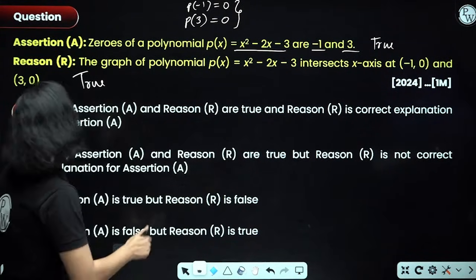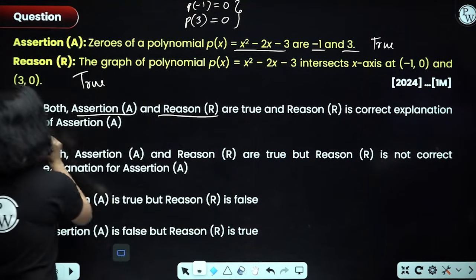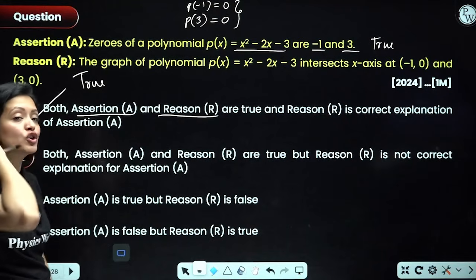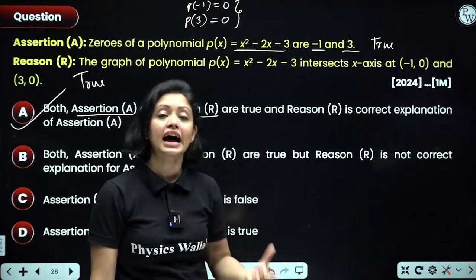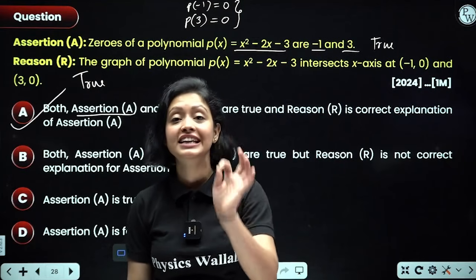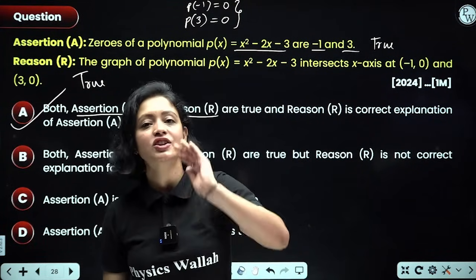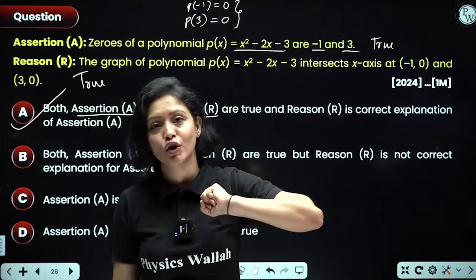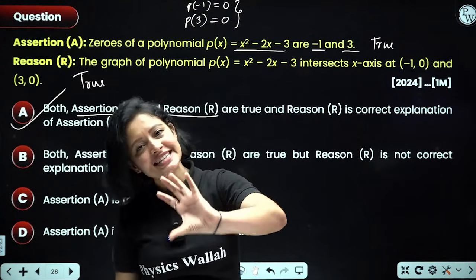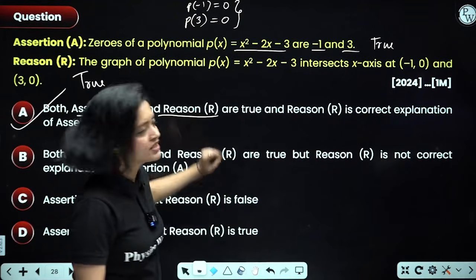So that means both assertion A and reason R are true and reason R is the correct explanation of the assertion A. Okay, so remember in AR type questions, first check the validity of both the statements individually. Then after that, check whether the second statement is explaining the first statement or not. Got it? If it is explaining the first statement, then the first option is correct.